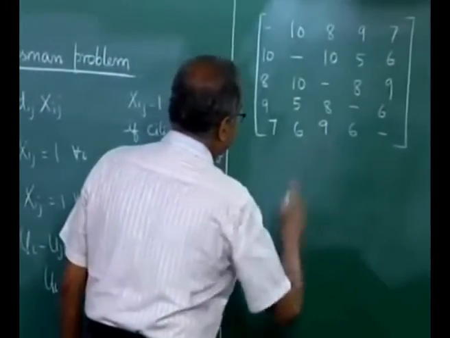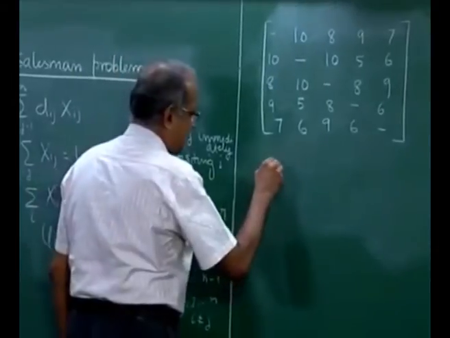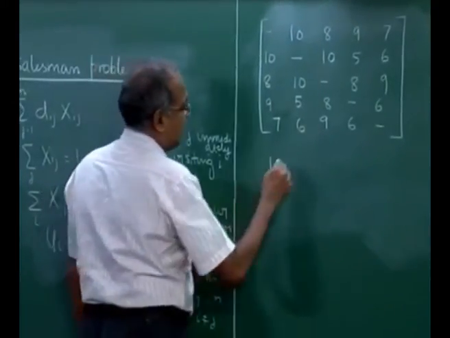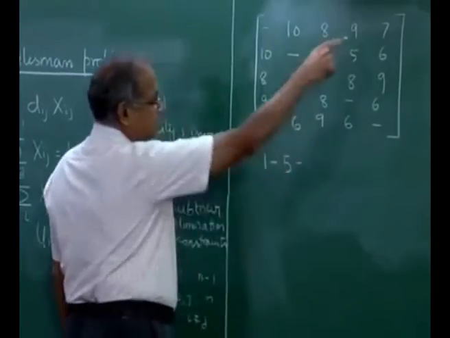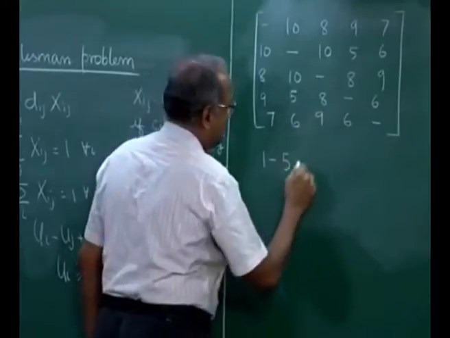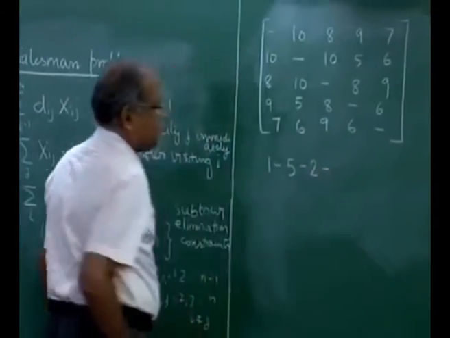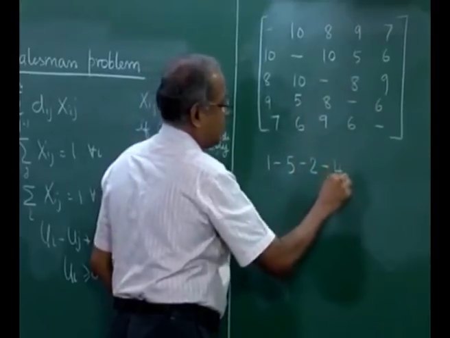Now, the simplest heuristic is called the nearest neighbor. So, assume that I am in city 1. Now, I go to the nearest neighbor, which is 5. From 5 I realize I can go to 2 or I can go to 4. So, I go to 2. Now, I come to 2 and the nearest is 4.